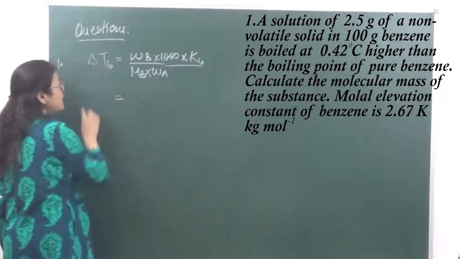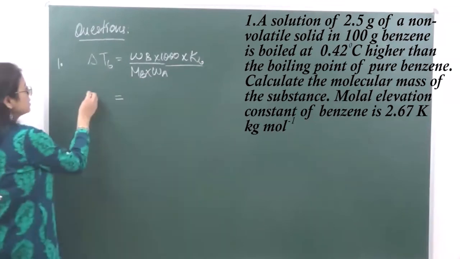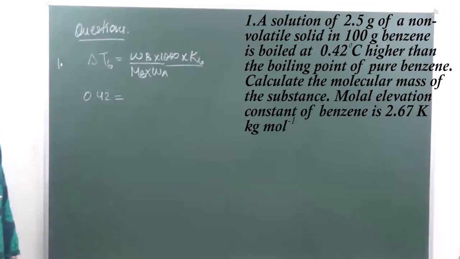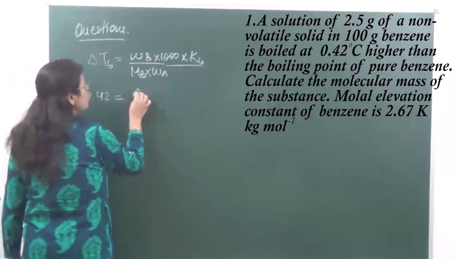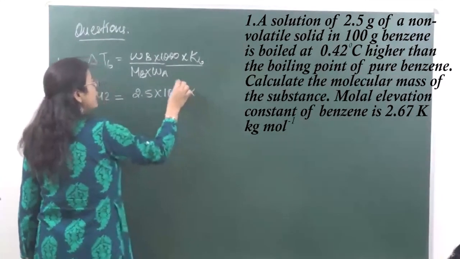Okay, so delta Tb given to us in the question is 0.42, that is equal to Wb given to us in the question, that is 2.5 grams. So 2.5 into 1000 into Kb.